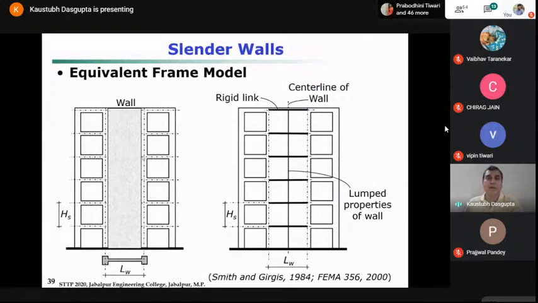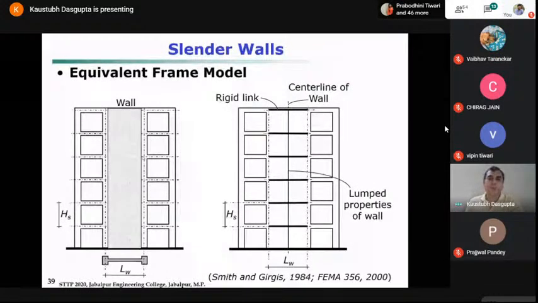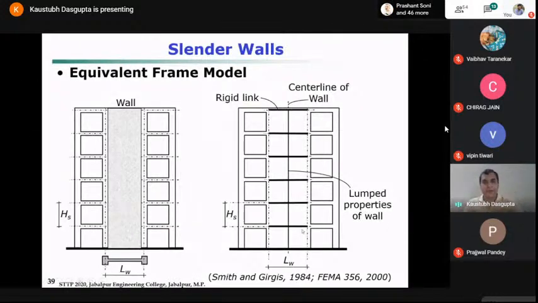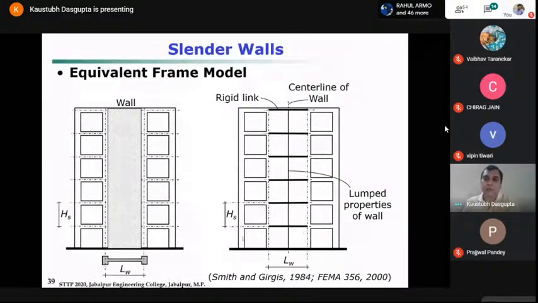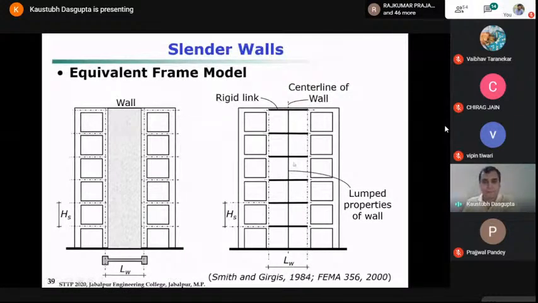So in order to have that quick estimation, people thought that we should not use a shell element, we should use a frame element, just like the frame element for your beams and columns. After all, we are interested in P, V and M: axial force, shear force, bending moment. So the wall has a physical representation as this frame element.